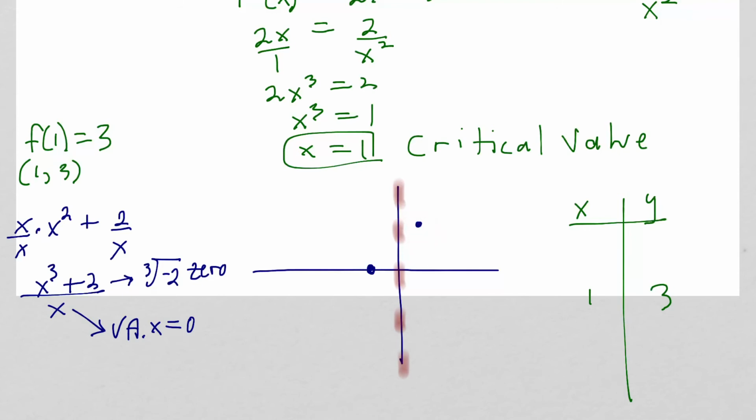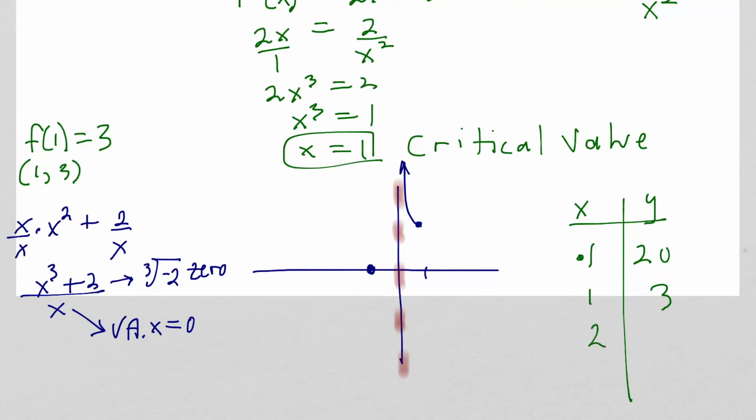If I approach that vertical asymptote from the right, I'm going to choose a value of 0.1, and I sub that into my function, and I get 20. All right, so that answers my question. It's going up here. Now let's try on the other side of x equals 1. How about 2? Let's try 2.